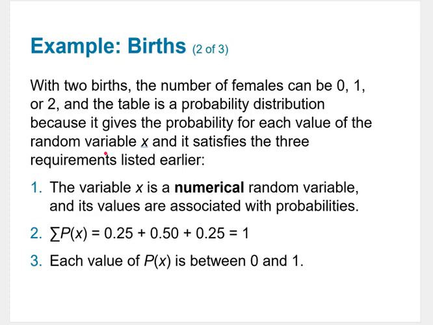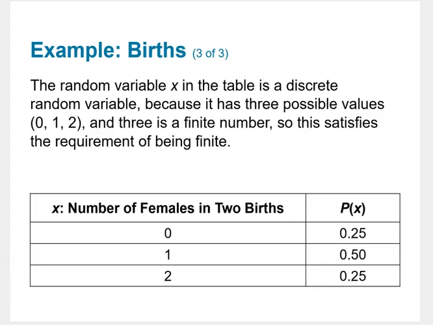And each of those probabilities that we had were between 0 and 1. So it does meet all the criteria to be a probability distribution. Another thing we can talk about is that because this random variable 0, 1, 2, these are finite amounts, these are discrete random variables that give us these probabilities and together add up to this lovely probability distribution.